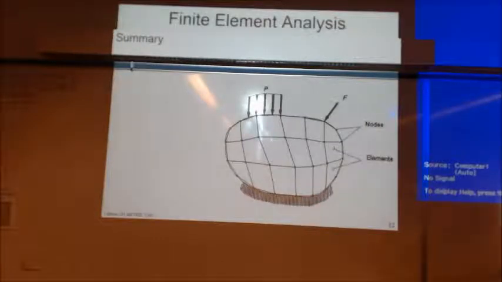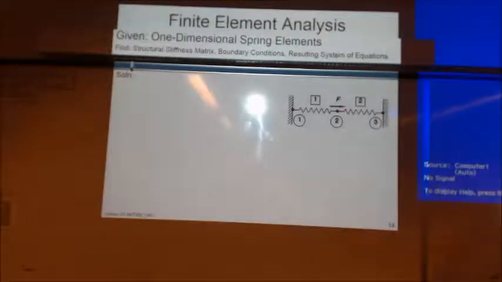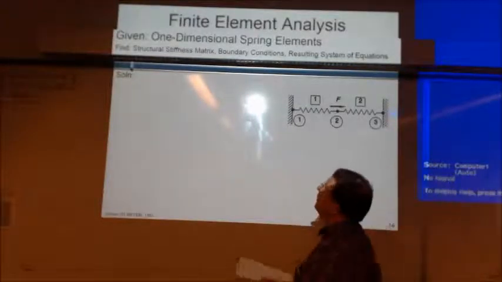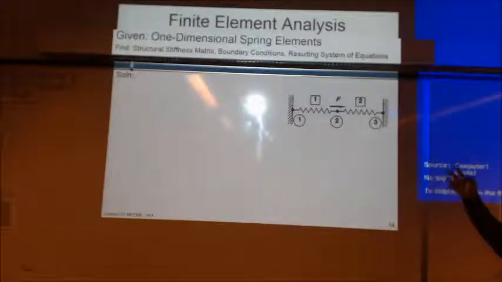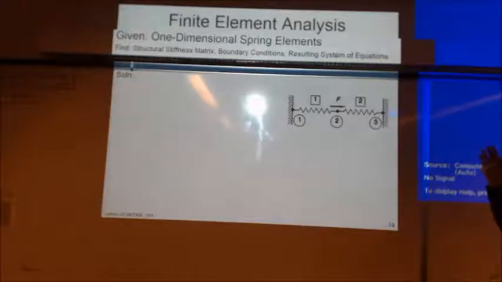Because who wants to sit and do addition and subtraction all day and potentially make an error? So let's try a couple examples here and see if we can work through this. We're given a one-dimensional spring element, and we need to find the structural stiffness matrix, boundary conditions, and resulting system of equations.